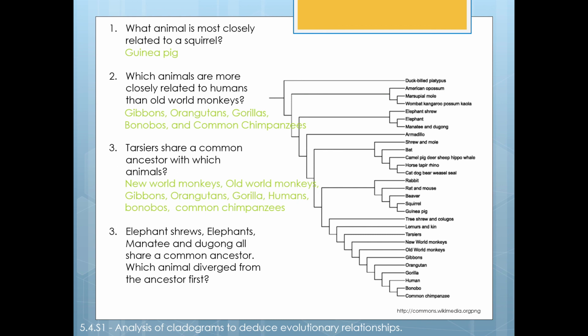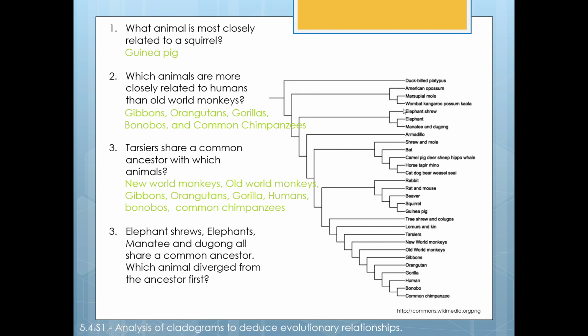Now look, elephant shrews, elephants, and manatee with dugong, they all belong to the same clade and they shared a common ancestor not so very long time ago, like here. Can you see them? Now, which of them evolved first? Which of them separated the first and is the oldest of all these groups? Can you see that? It is elephant shrew.